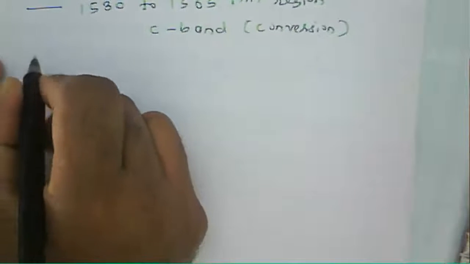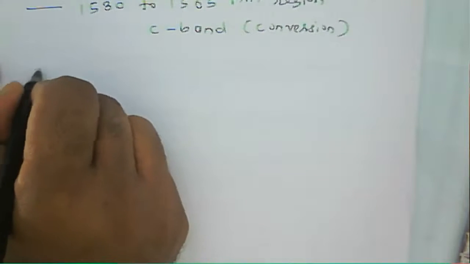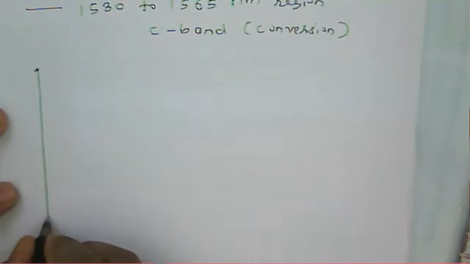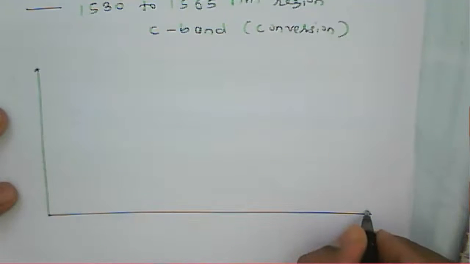We can consider a simplified energy level diagram of the transition process of these erbium ions.